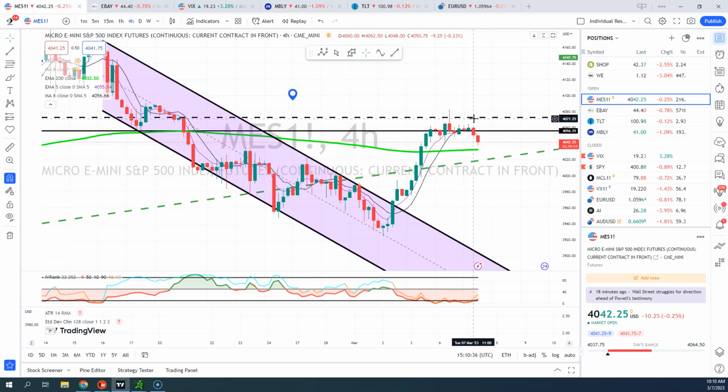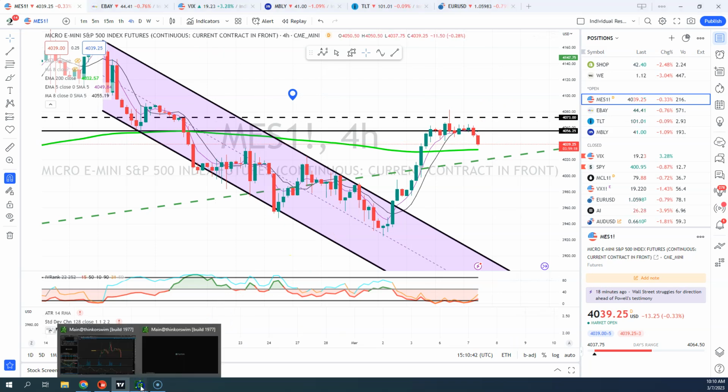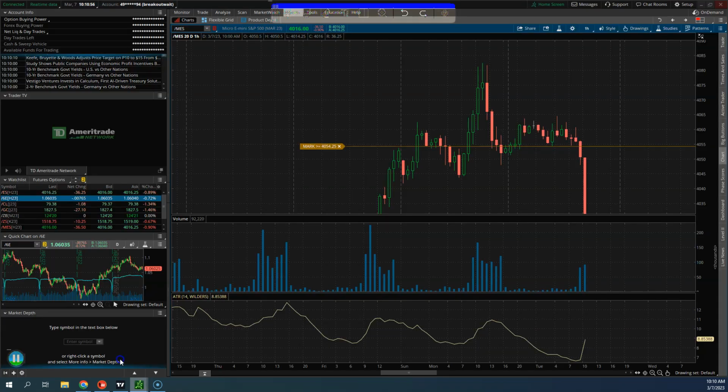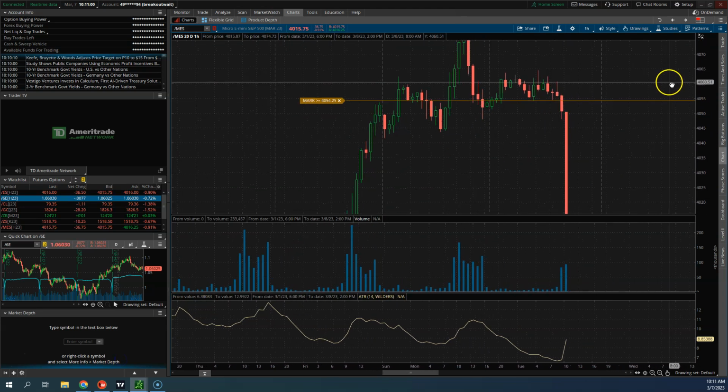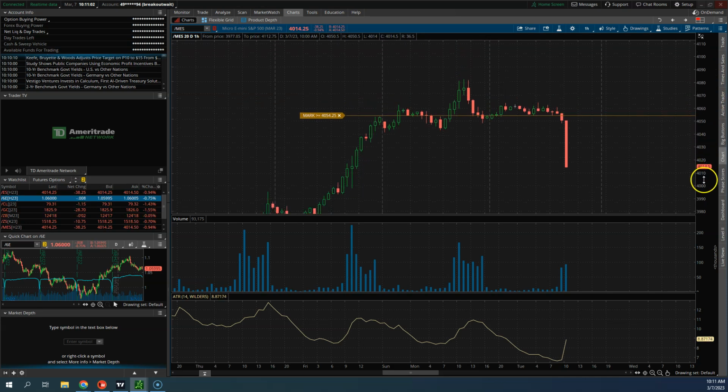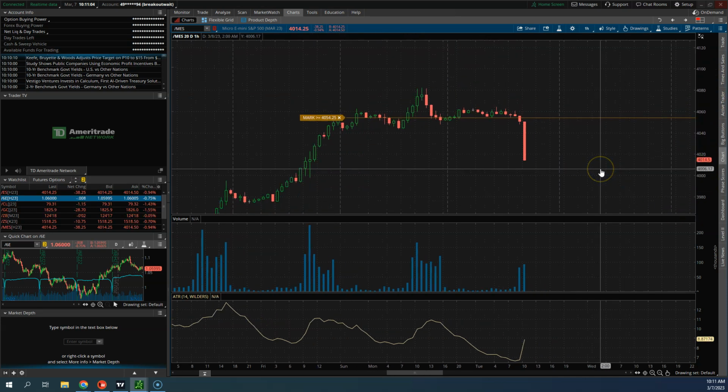I can sell the call at 40.70 and buy the call further out of the money, and see where it takes us. But when we look at this chart, you can clearly see that we are ticking to the downside. That's great for this type of strategy. It's a very easy peasy strategy, and this is the 1 hour chart for MES.